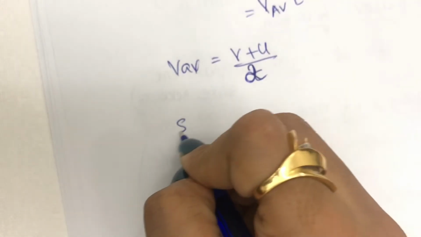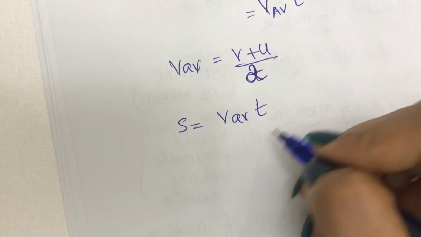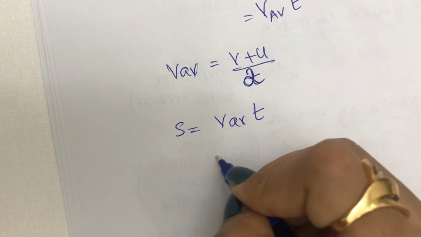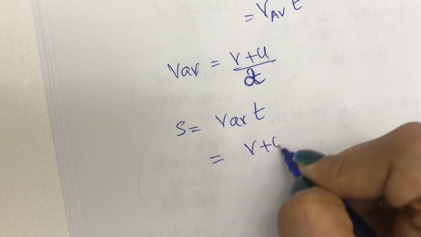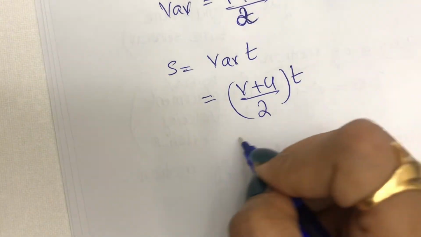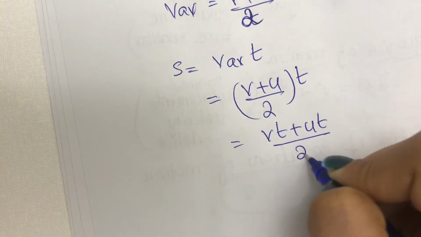So s is equal to v average into t. We replace v average by (v plus u) by 2, so s = ((v plus u) by 2) into time, which is vt plus ut by 2.